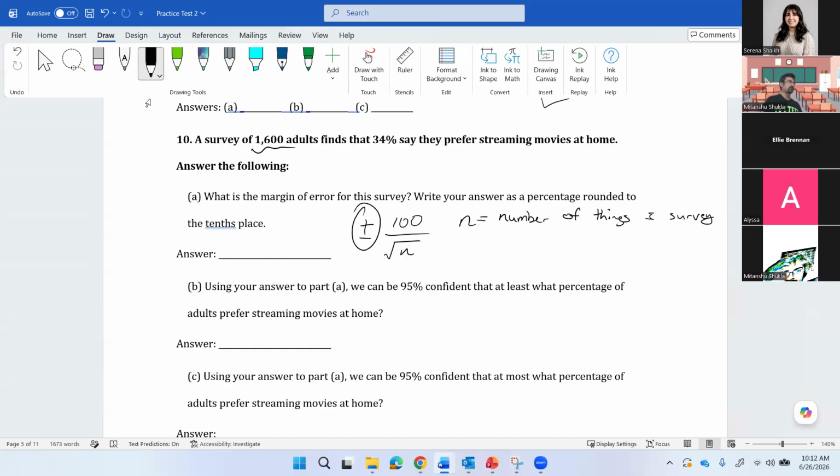We have 34% of people saying something, but there is some wiggle room in between there. That's what margin of error is. 34% of people say that they prefer streaming movies at home, give or take some margin of error percentage. Does that make sense?